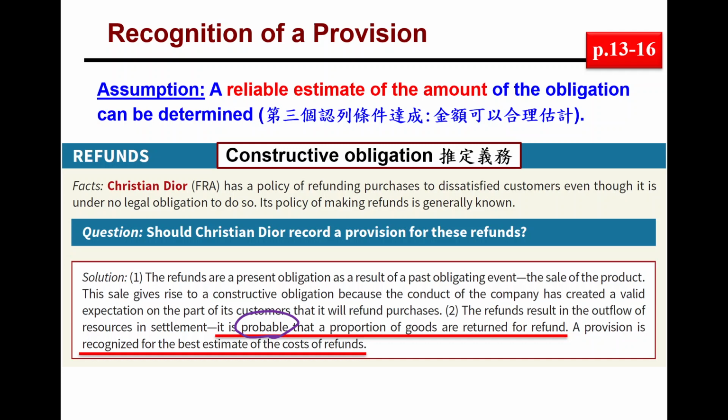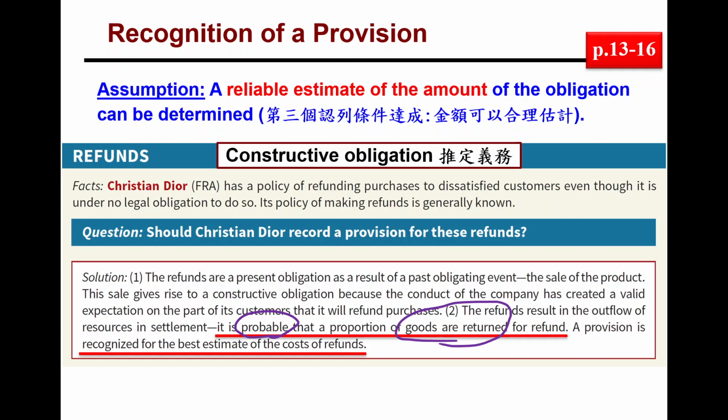Based on experience, usually higher than 50% probable customers will return the product back to you. It's still quite common, right? Because when you sell 100 products, some customers will always return the product back to you.